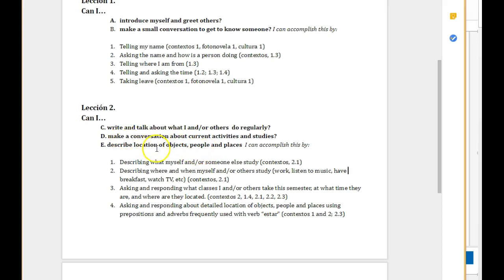I want to see if you can describe the location of objects, people, or places, for example, with estar. ¿Sí? Mi clase está cerca de la cafetería, or whatever you learned in those things. So this is what you need to look at. It's in the presentation too, so you don't need to wait until you go to see your composition in VHL. You can just do this while you're doing your presentation.